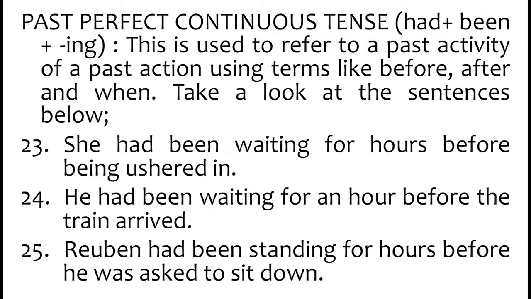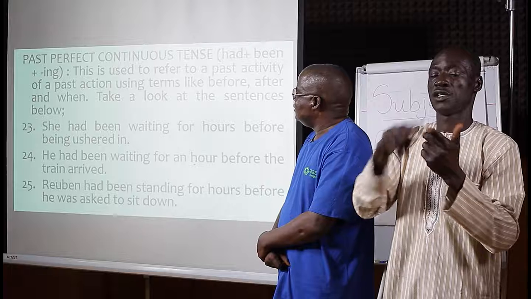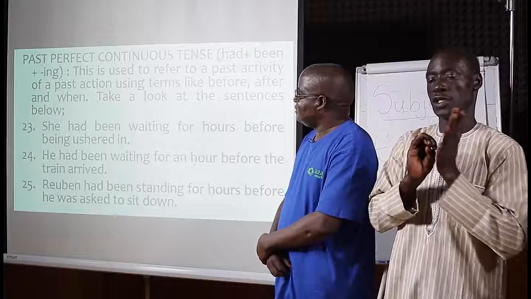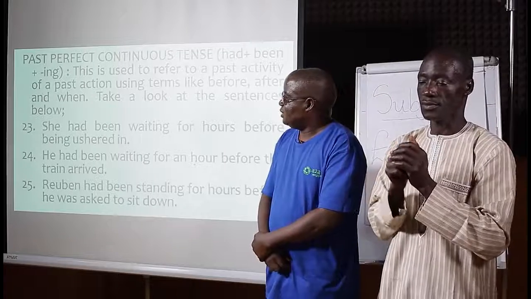Past perfect continuous tense. Had plus been plus ing. This is used to refer to a past activity of a past action using terms like before, after, and when. Now we take a look at the following sentences. 23.